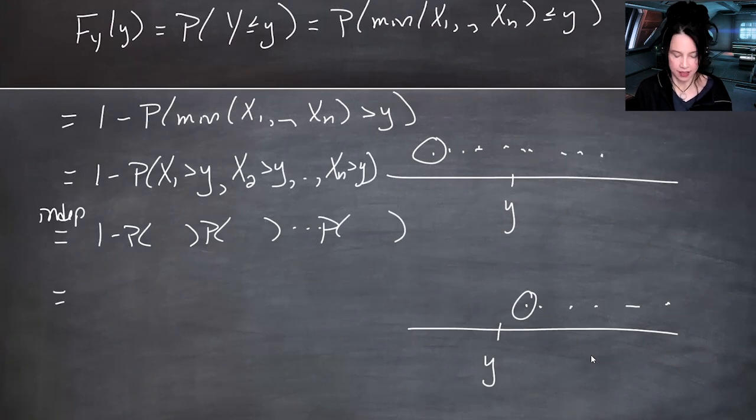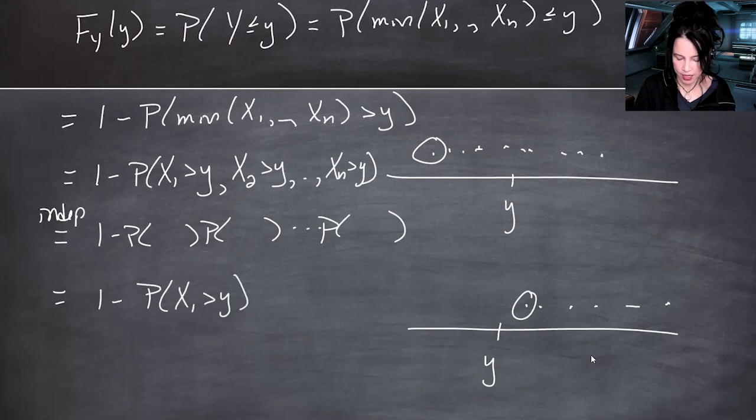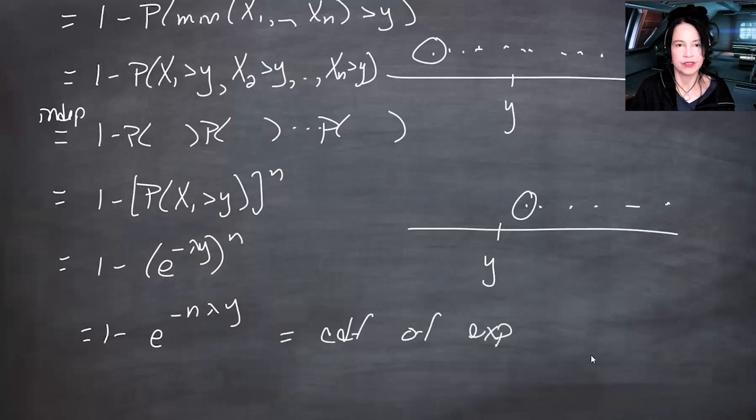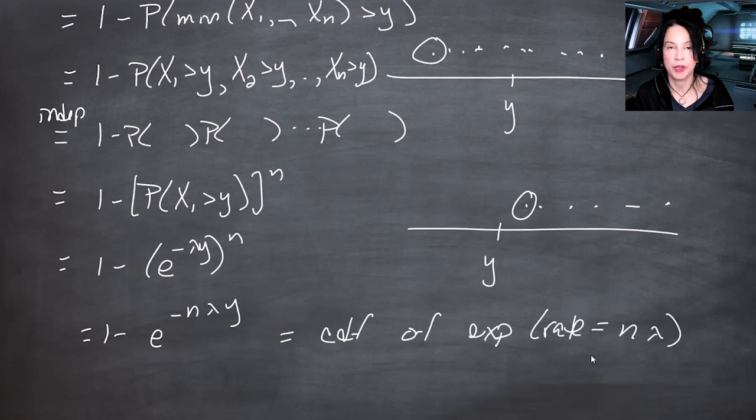So this is 1 minus the tail probability for x1 to the n, and that is 1 minus e to the minus lambda y, to the n, and that is 1 minus e to the minus n lambda y, and that is the CDF of an exponential with rate n lambda. But in the birth and death stuff, we usually have I people, not n.